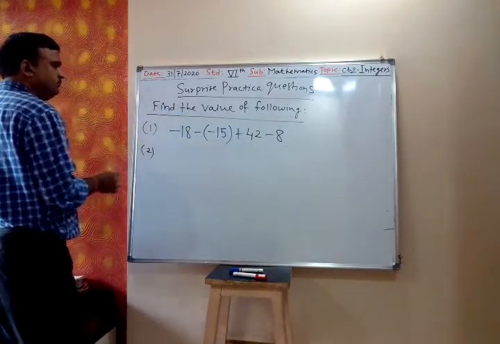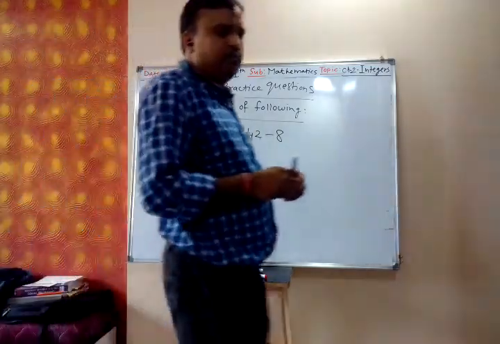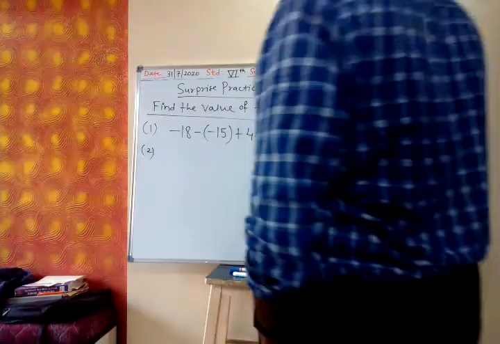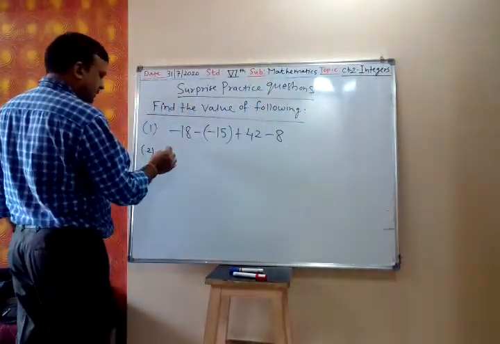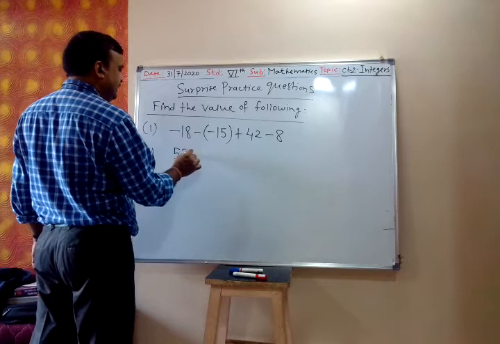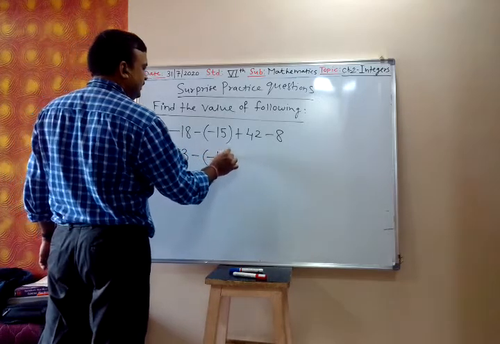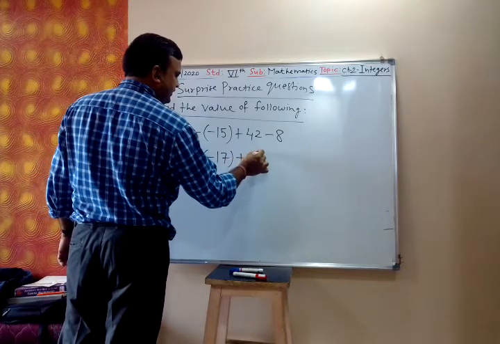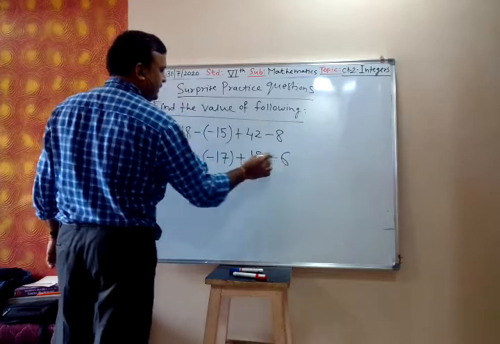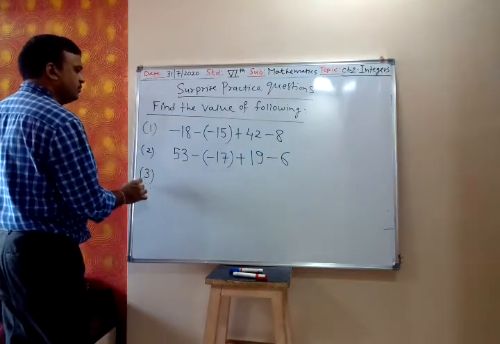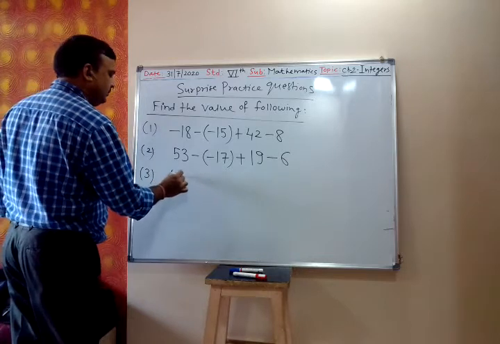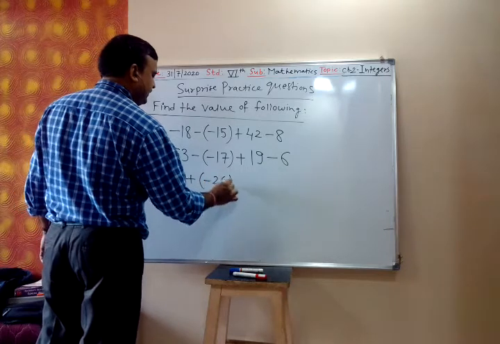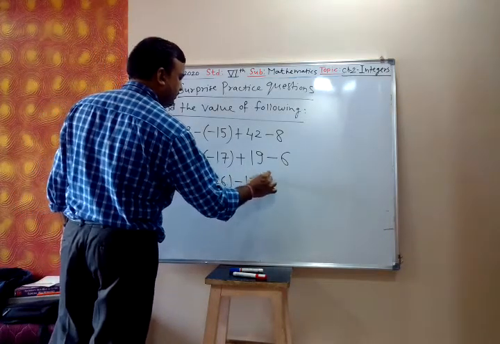Second: 53 minus 17 plus 19 minus 6. Third: 48 plus minus 26 minus 17 plus 10.